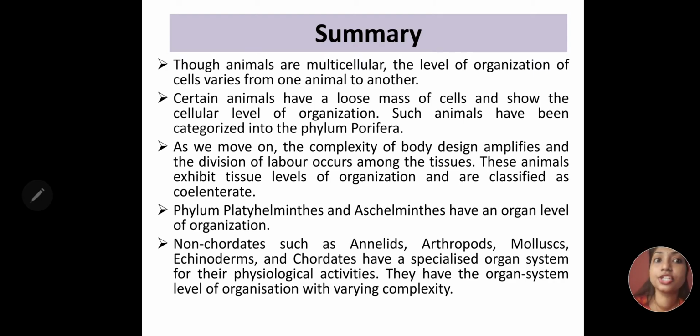These animals exhibit tissue level of organization and they are classified as coelenterates. Phylum Platyhelminthes and Aschelminthes have an organ level of organization, whereas non-chordates such as annelids, arthropods, mollusks, echinoderms, and all chordates, including vertebrates, have organ system grade of organization for their physiological activity. And even among these animals, the complexity varies.